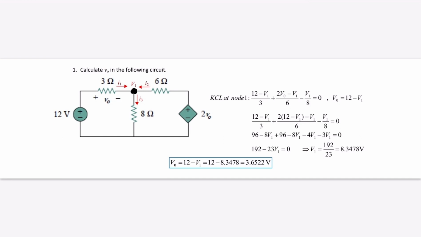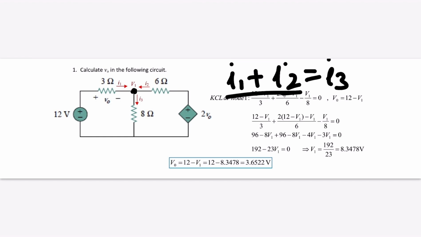KCL states that the currents entering the node equal the currents leaving that node. So assigning I1 entering the node V1, I2 entering V1, and I3 leaving it, we can conclude an equation that says I1 plus I2 equals I3.